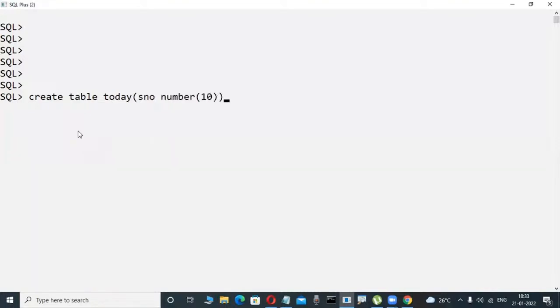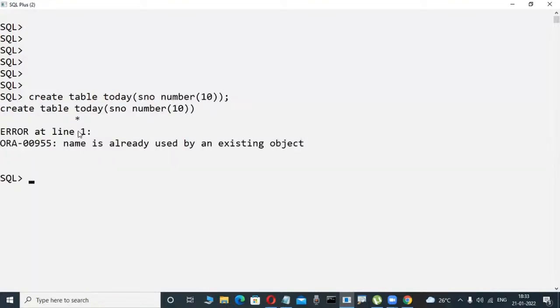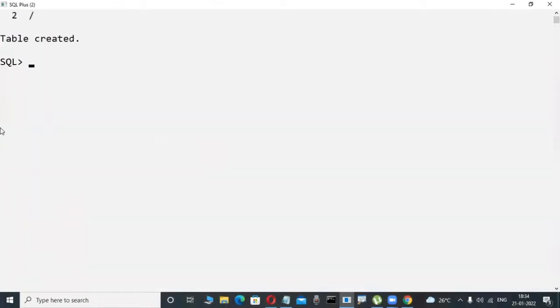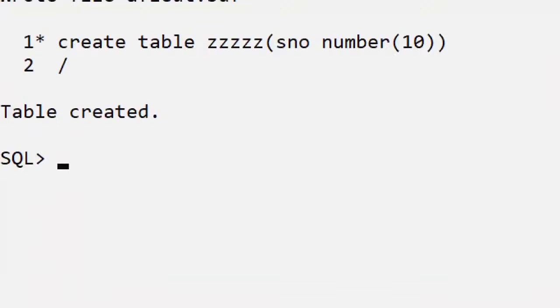Slowly observe here, concentrate. Suppose Z is a table, for example I am creating it.